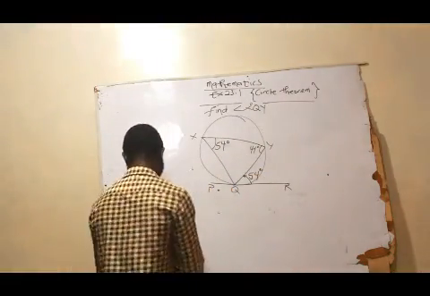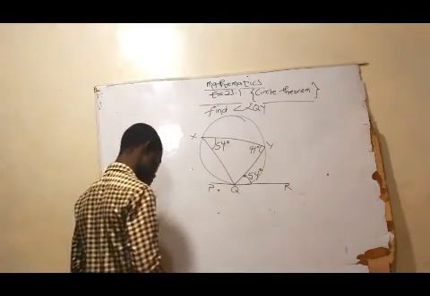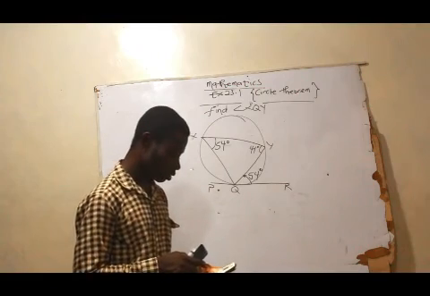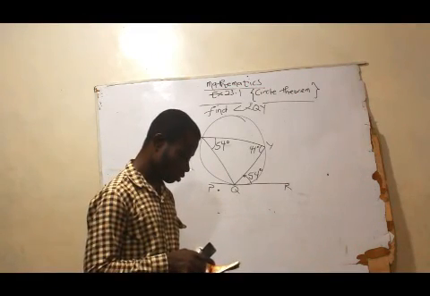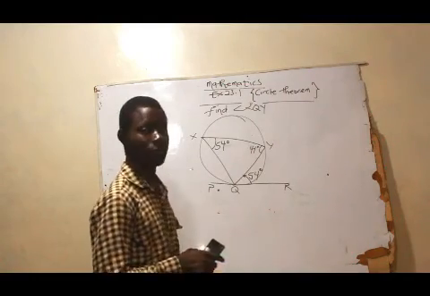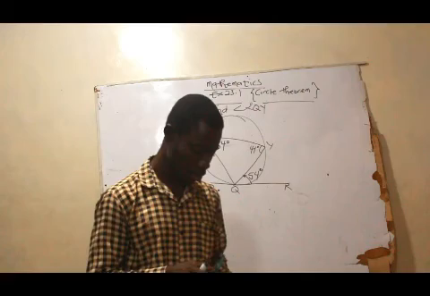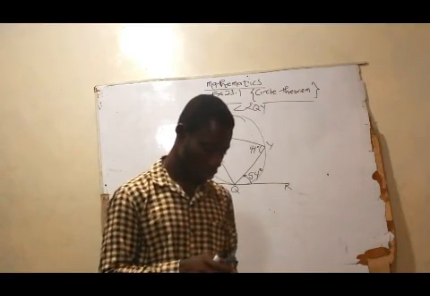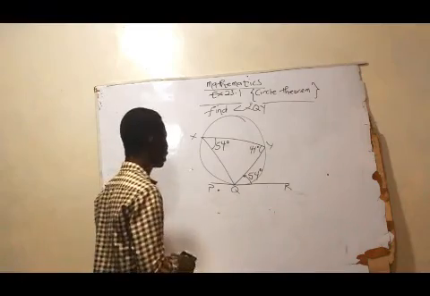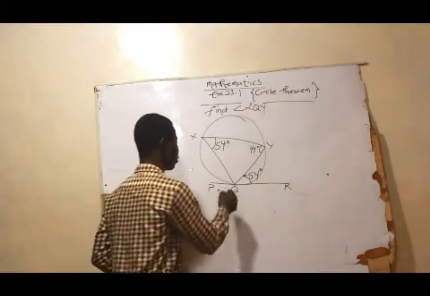So 54 plus 41 gives us 95. Deducted from 180, I get 85 degrees. So angle SQY is 85 degrees.